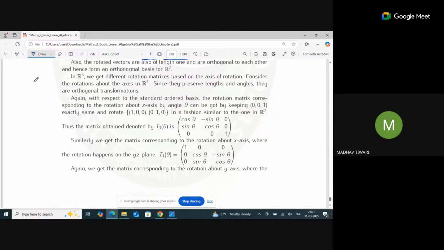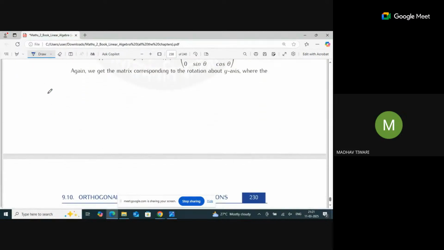Suppose now I am going to rotate in R3. I have a 3-dimensional space and I want to rotate it. Earlier I had only one choice, to rotate in this direction. Okay, you can say 2 choices, but this is negative, so I'm not including it. Just one direction to rotate.